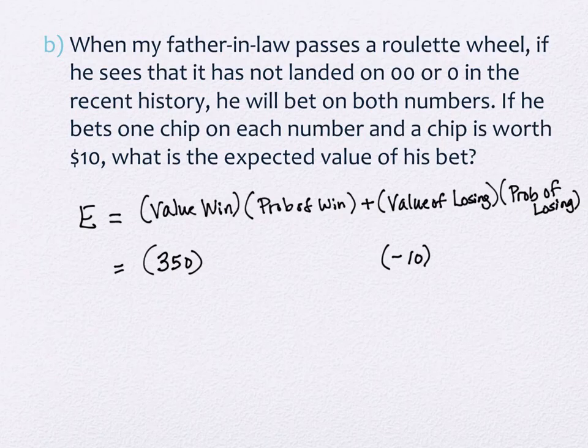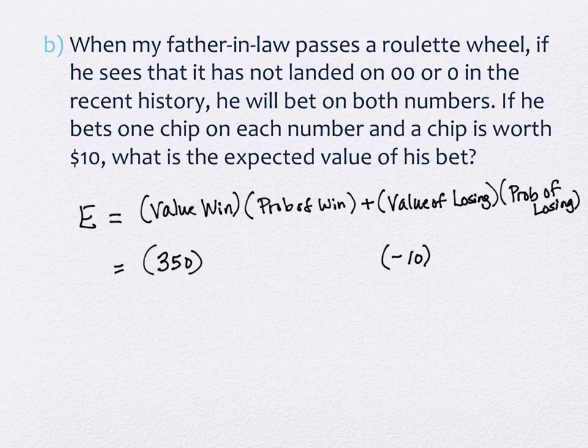Now, I don't want you to get tripped up with what I said before about the fact that you put the chip in, you take the chip back. If I put the chip in and I win, I get the chip back, that's not a gain or a loss to me. It does not count. But if I put the chip in and I lose money, I lose it. And if I put the chip in and I win, I get the chip back and I get back 35 more. That's the 350. Everybody clear?